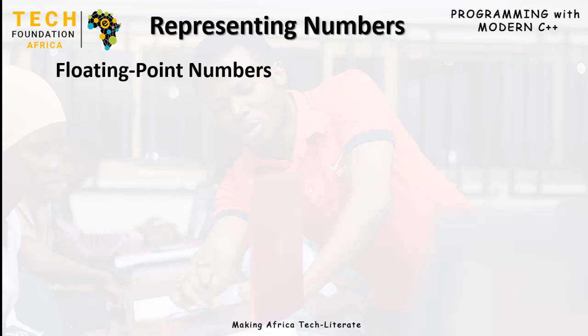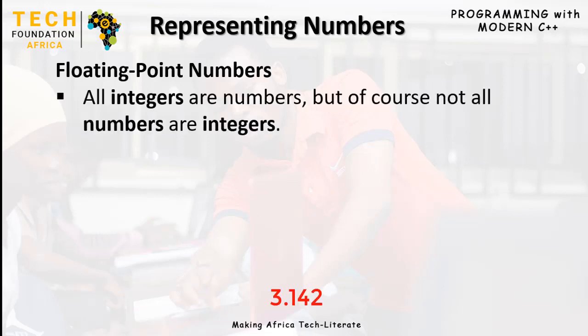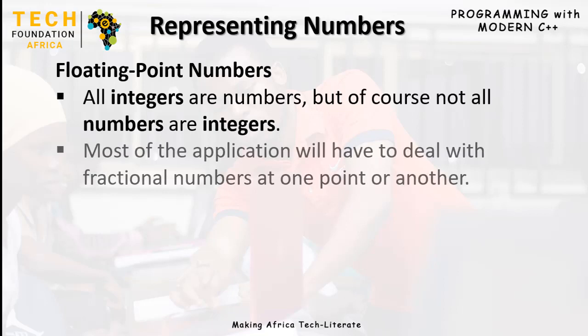Then we also have what we call floating point numbers. All integers are numbers, but of course not all numbers are integers. The value of pi, for instance, which is 3.142, is not an integer. Most of the applications that you'll be writing in C++ will have to deal with fractional numbers at one point or another.